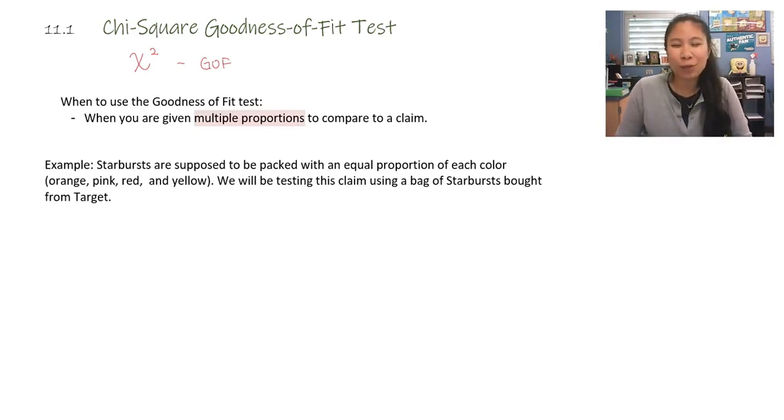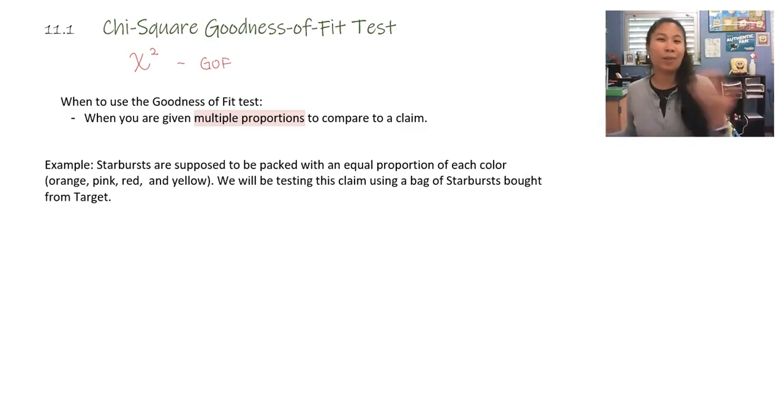All right, so let me introduce this with an example. I don't know if you know, but Starbursts are supposed to be packed with an equal proportion of each color. And in the original pack, here's my handy dandy pack, they have the pink, yellow, orange, and red. That's the original flavor.